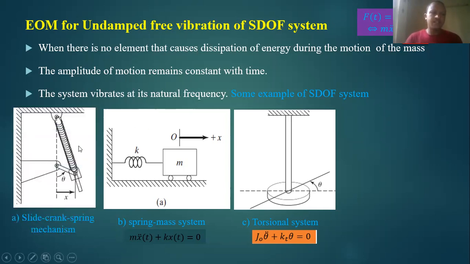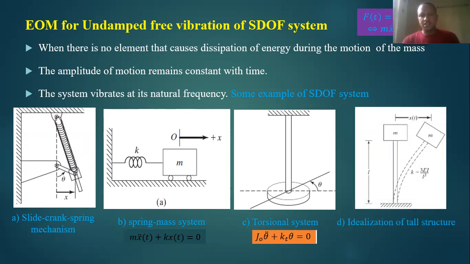This is a sliding crank mechanism, which we can represent in terms of x and theta in a combined system, but we consider it as a single degree of freedom system. This is also another idealization of a tall structure, like long one-story buildings or other systems.